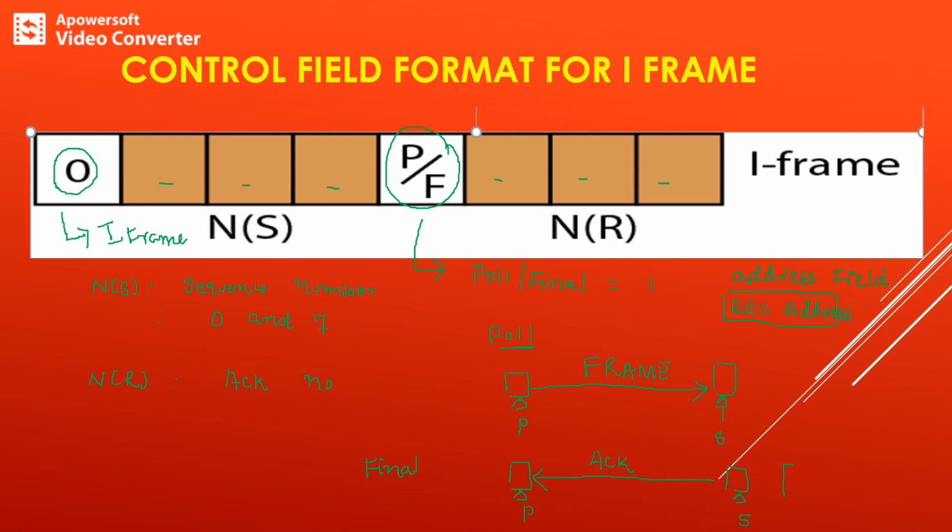So now the address field holds the address of the sender, because the station which sends the acknowledgement is the secondary station. The address field holds the address of the sender node.